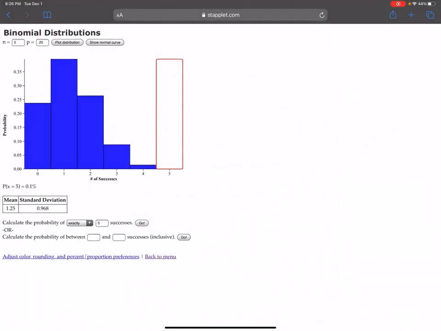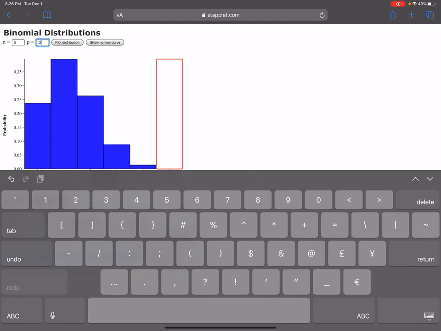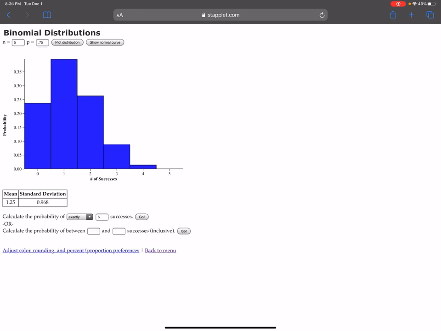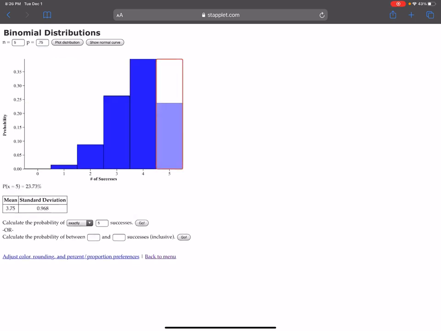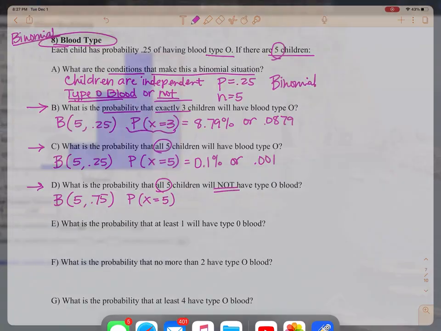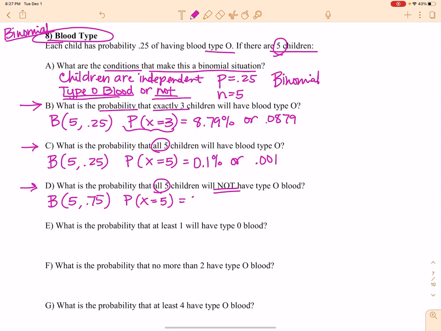And now I'm going to have to change P to 0.75, and then I'm going to leave exactly 5 here. Push go. I get 23.73%, or 0.2373.